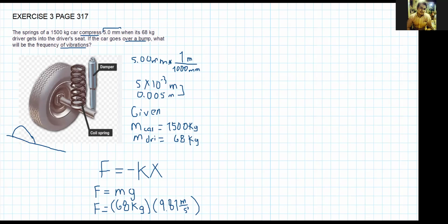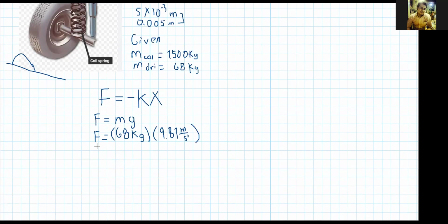This is the reason why we're calculating the force using the mass of the driver, okay? So now I just need to operate this multiplication, 68 times 9.81, okay? The result with 2 digits after the decimal point is 667.08.